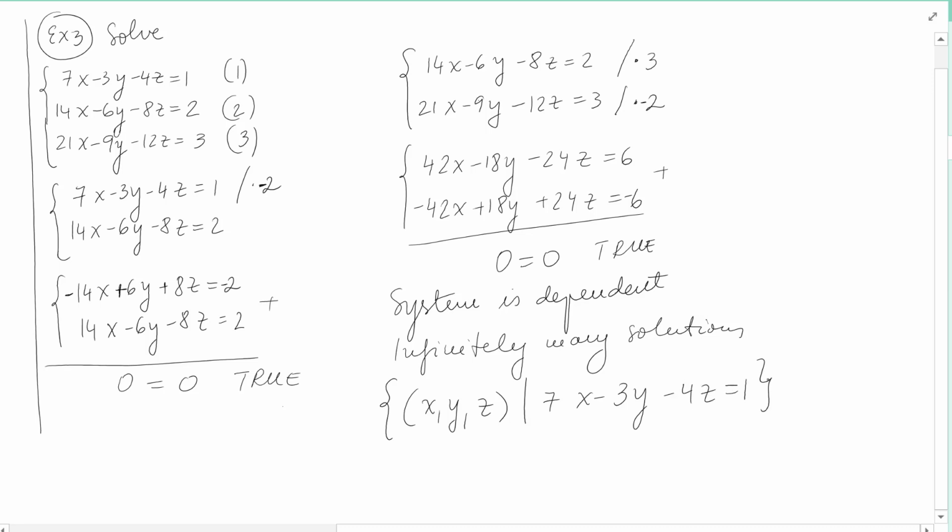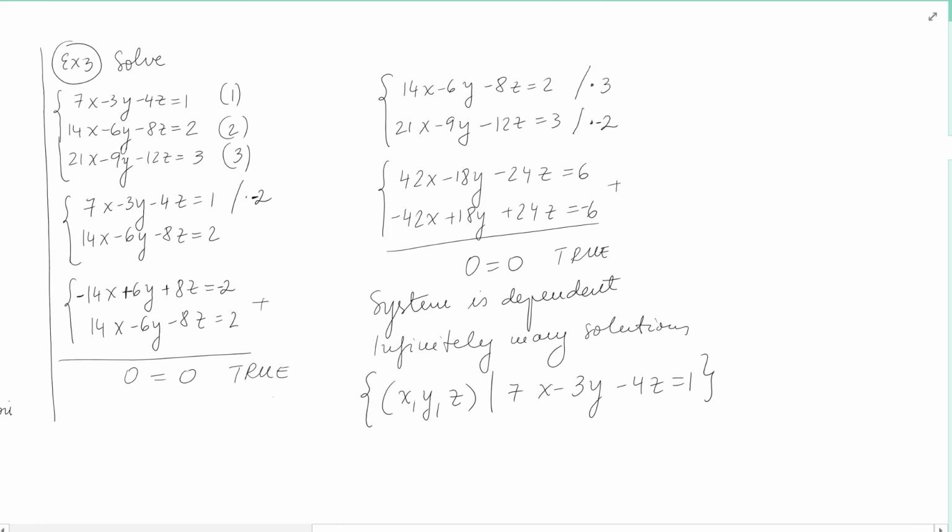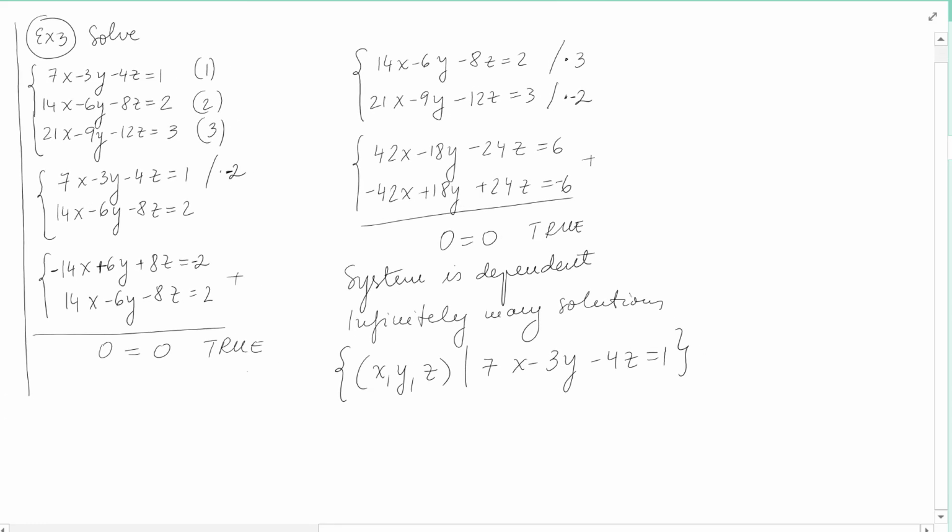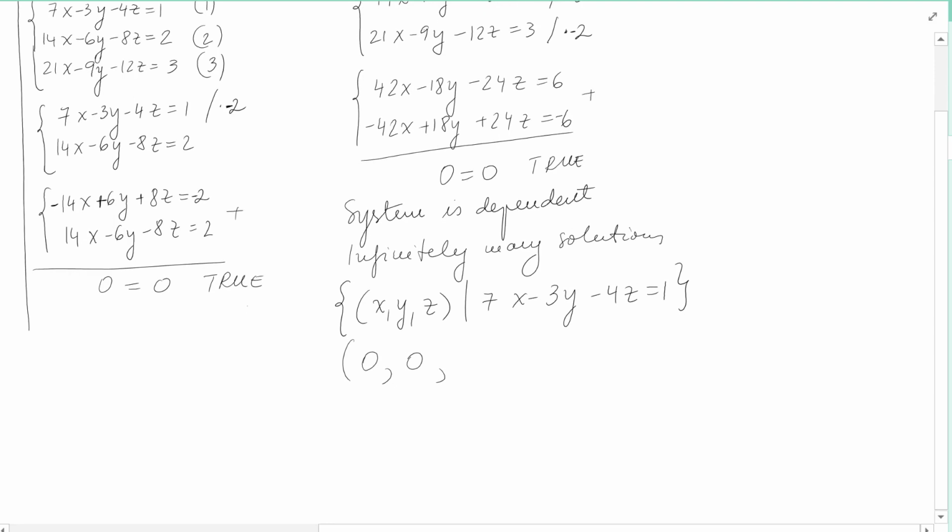So in other words, if I want to enumerate a few of the solutions, I can say, well, if x is 0 and y is 0, we can figure out z by replacing them in this equation. So we get 0 minus 4z equals 1, negative 4z equals 1, z equals negative 1/4. That would be one solution.